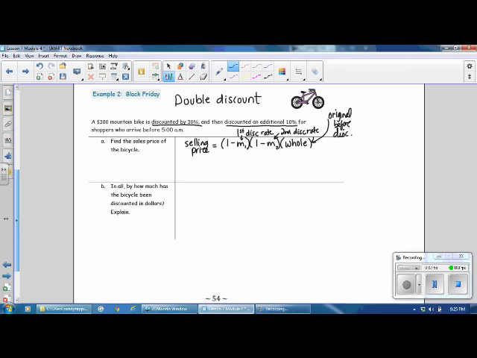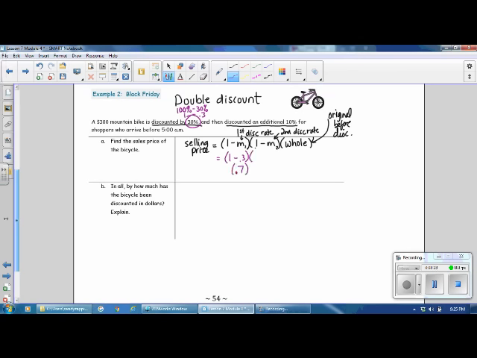So what we're doing in this problem is we are finding the first discount rate, the second discount rate, and multiplying that by the whole. So our first discount rate is 30%, so we're going to use 100% minus 30%, and it's 1 minus 0.3, and that's going to give us 0.7.